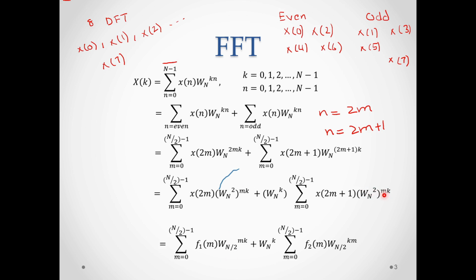Similarly, this transformation was also transformed into that form. Now, if you think of this formula, what we have done over here is that we have reduced our FFT terms or distributed our FFT term into two equal parts.